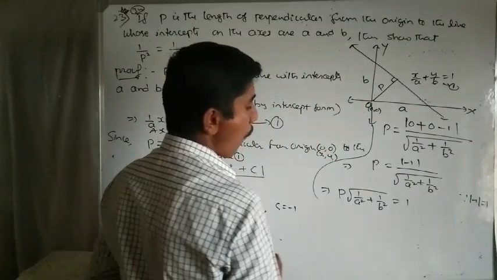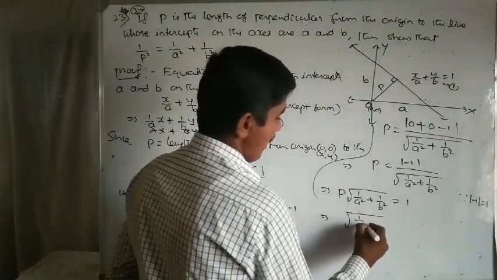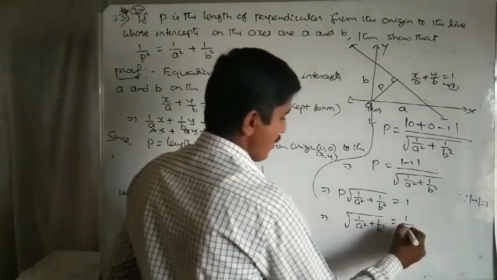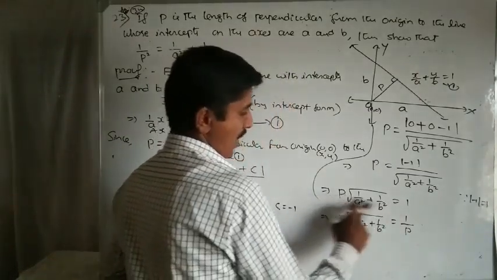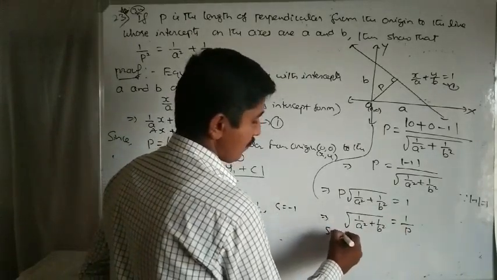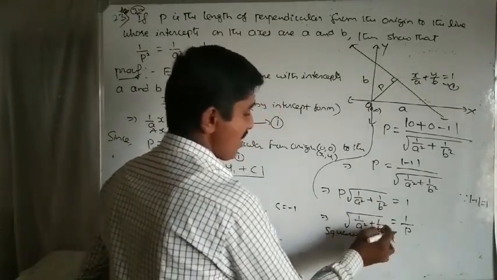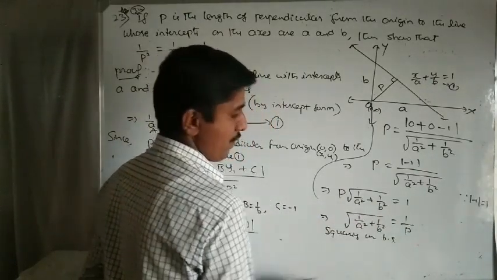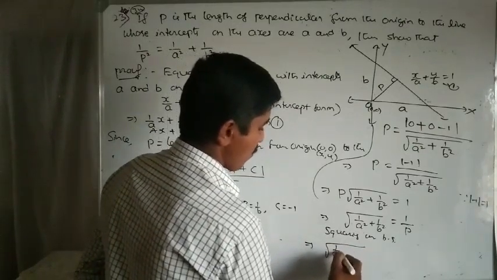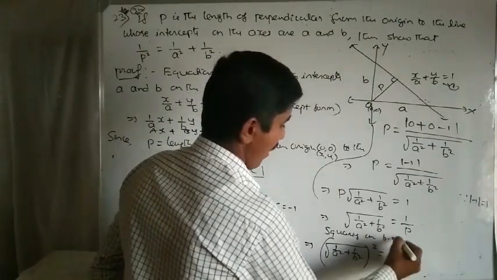Now, square root of 1 by a square plus 1 by b square is equal to 1 by p. This is again cross multiplication. Squaring on both sides, LHS whole square equals RHS whole square. Got it? Root of 1 by a square plus 1 by b square, whole square, is equal to 1 by p whole square.